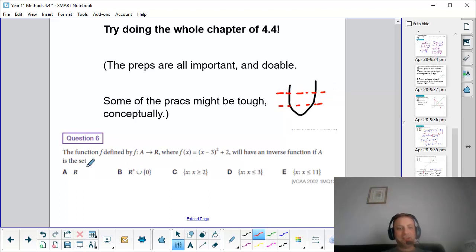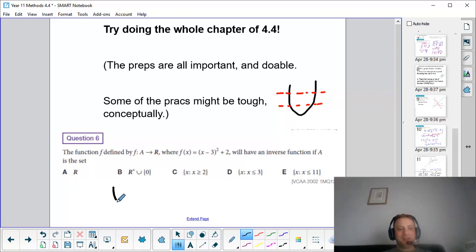So what they're really asking you to do here is to restrict your quadratic, only draw part of it, so you can actually have an inverse function. So they want to know, where does the inverse function exist? These questions are always really just questions of turning point, because if I think about drawing a quadratic, as I draw it here, this thing I'm drawing has an inverse function because it doesn't turn around and fail that red line test.